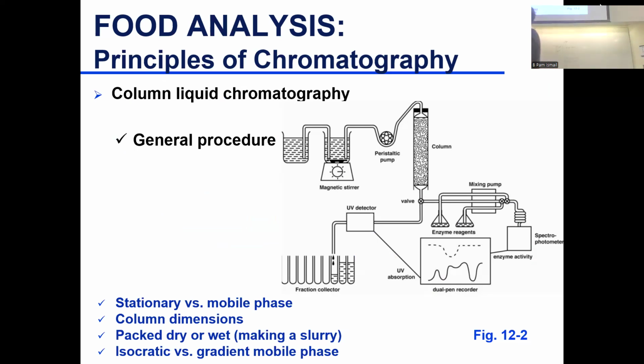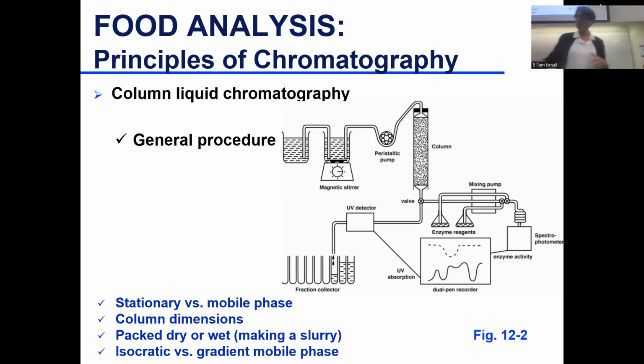Low pressure liquid chromatography, you get columns of different sizes, width, length, and then you fill them with your stationary phase under low pressure. So later on, or in lab next week, you will see HPLC columns that are filled under high pressure.